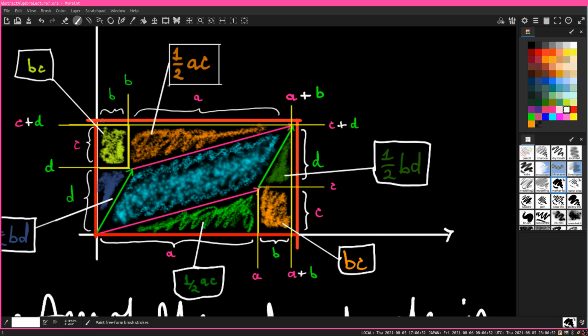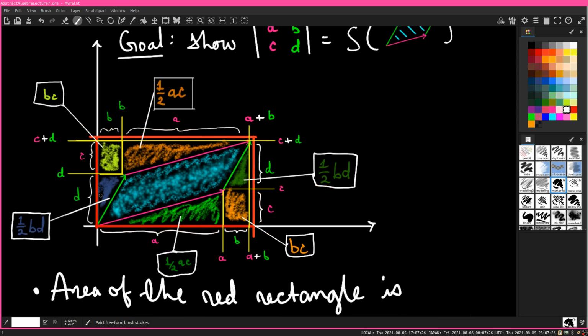The way we do this is we draw this big red box around the whole thing, and the remainder you can partition into rectangles and triangles. We take the big red area, which we can measure because it's a rectangle, and then subtract off the areas of each of these little triangles.